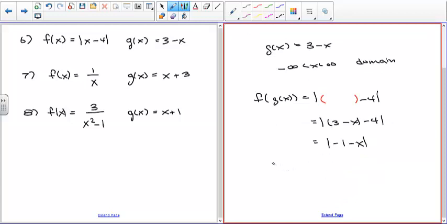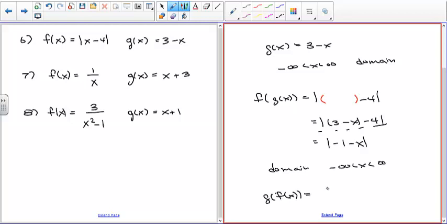And the domain, we look at this unsimplified version, but again, x can take on any value because there are no values that you can't evaluate the absolute value. And the same kind of thing is going to pan out here for g of f of x.